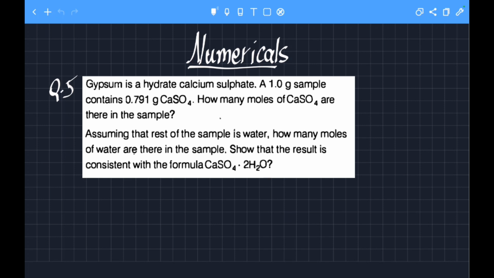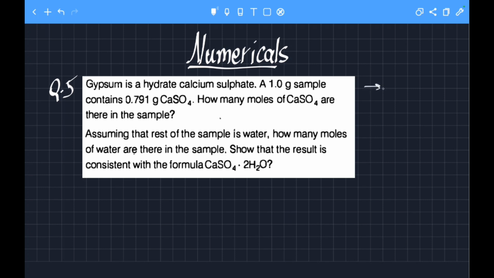So basically इसमें there are two things to figure out. First is how many moles of CaSO4. Second is whether the complete compound honors this equation or not. So what we have to find out first is 0.791 gram में कितने मोल CaSO4 है. That is the simplest thing because there is no other dependency.